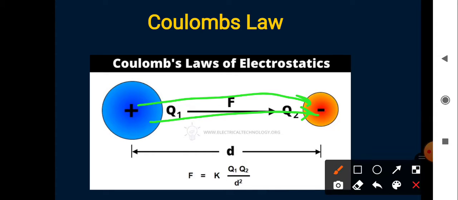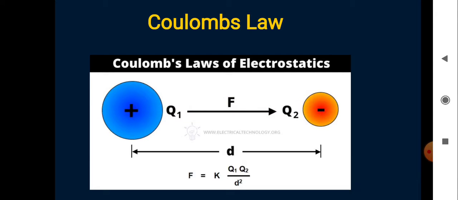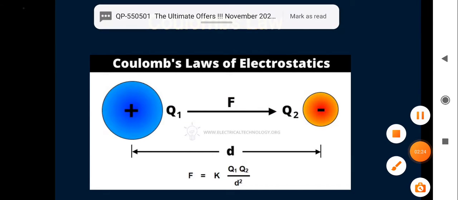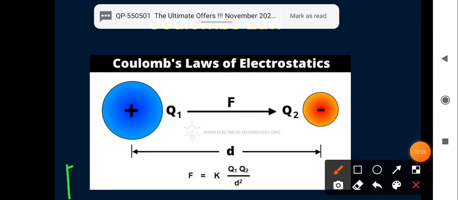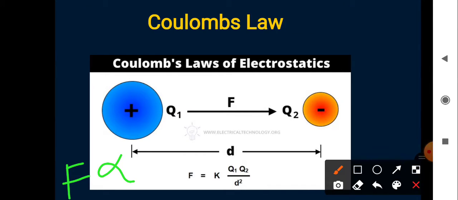And this force of attraction or repulsion between the source charge and test charge is directly proportional to the magnitude of the charges, and inversely proportional to the square of the distance between them. This is a simple statement of Coulomb's law.